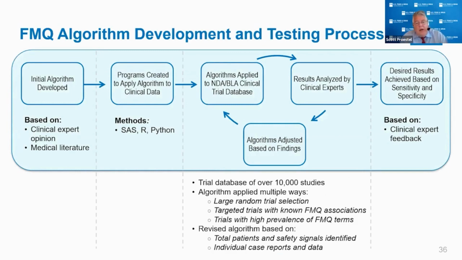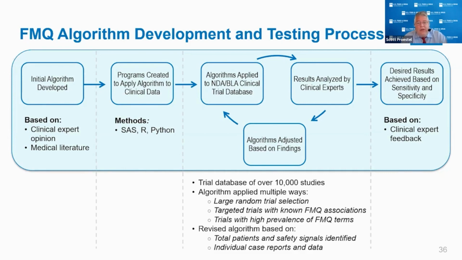So this was our development process for the algorithms. And we started, if you look to the far left, with the initial development of a proposed algorithm. That was based on expert opinion and use of the medical literature, which was then programmed so that we could apply it to a clinical trial database of over 10,000 studies.